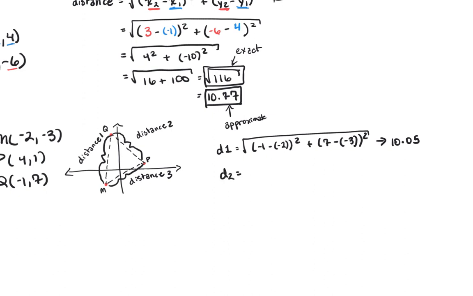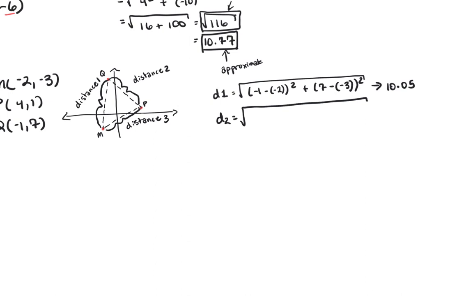Now we'll do the same with distance 2 and distance 3. So distance 2 is the distance between, we called it Q and P. So I'm going to go ahead and do that here. We'll do the difference of the x's plus the difference in the y's, and that will give us 7.81 roughly.